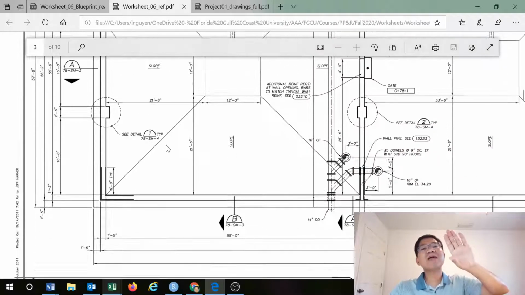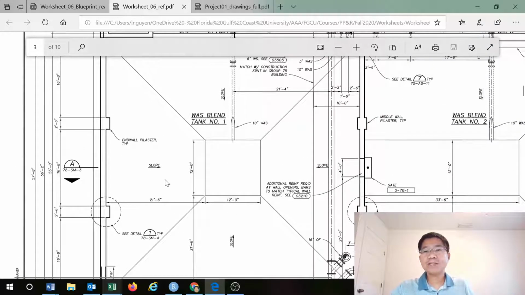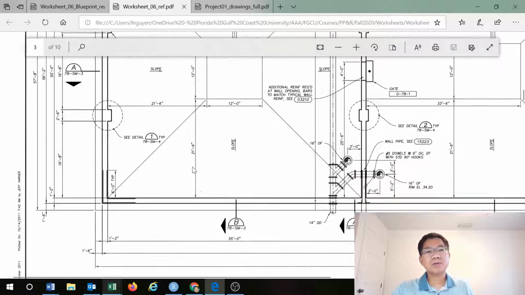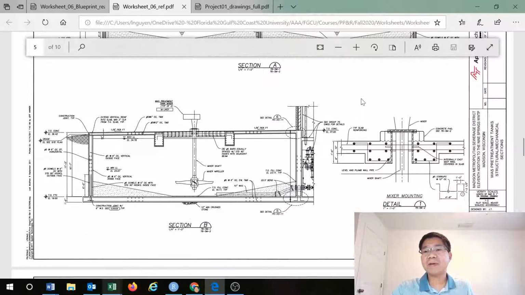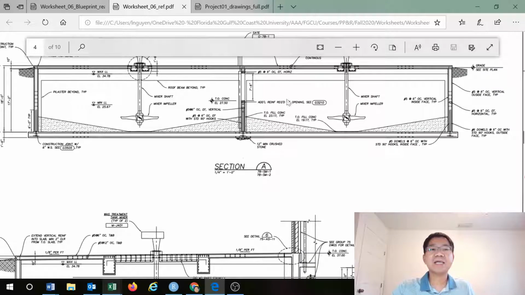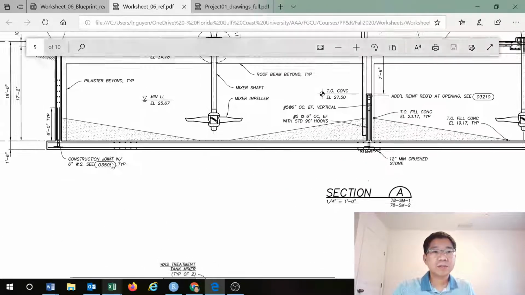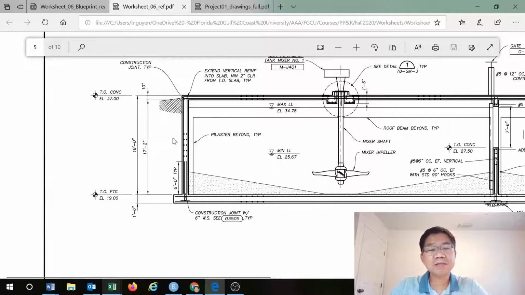And then we need to know the height of the wall. To know the height of the wall for the east-west, we need to see cross section A and look at drawing 78 SM3. Then we can see the height. This is 78 SM3, and there we can see the height of the wall. You see the east or west wall, and the height is 17.2. So you know the length about 55, the thickness of the wall is 1 foot 2 inches, and the height, so you can find out the volume.